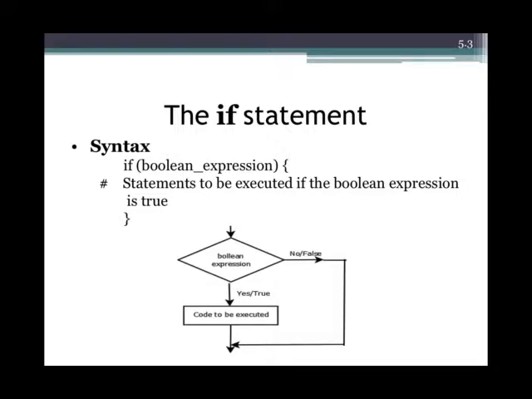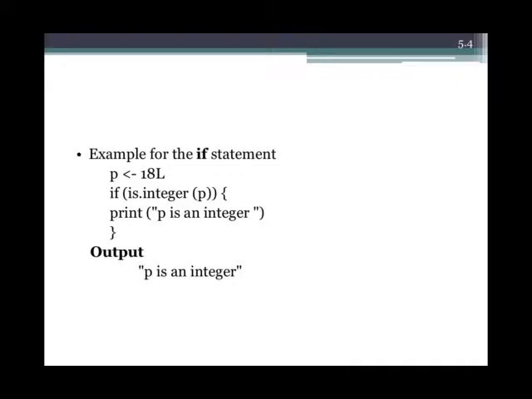The if statement is followed by a Boolean expression, which is the condition to be evaluated. And if it's true, the statements following it are executed. In the example for the if statement, we have an integer value of 18 being assigned to a variable called p, and we are checking if it is an integer.